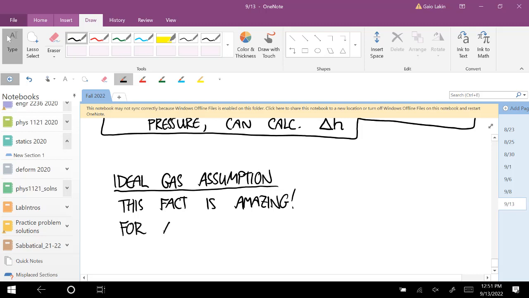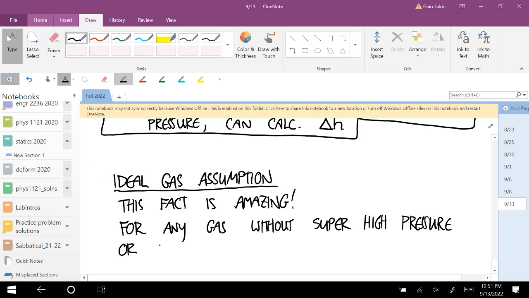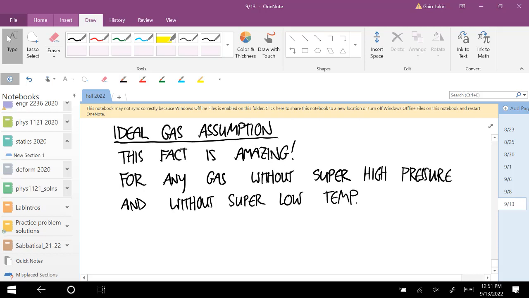For any gas without super high pressure, and without a super low temperature, the pressure times the molar specific volume divided by the temperature.